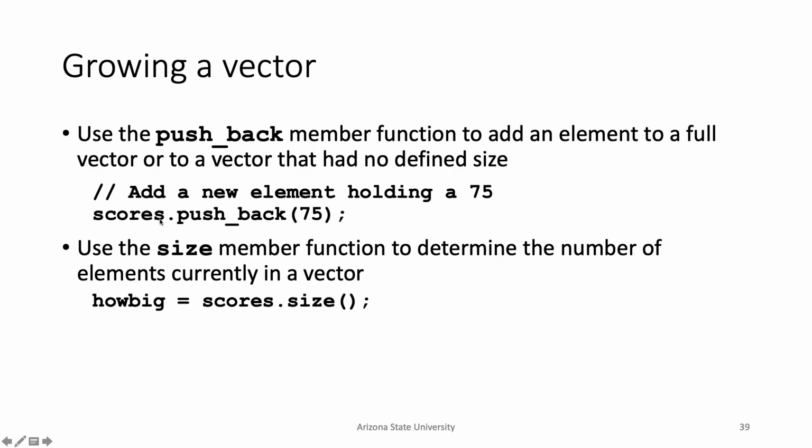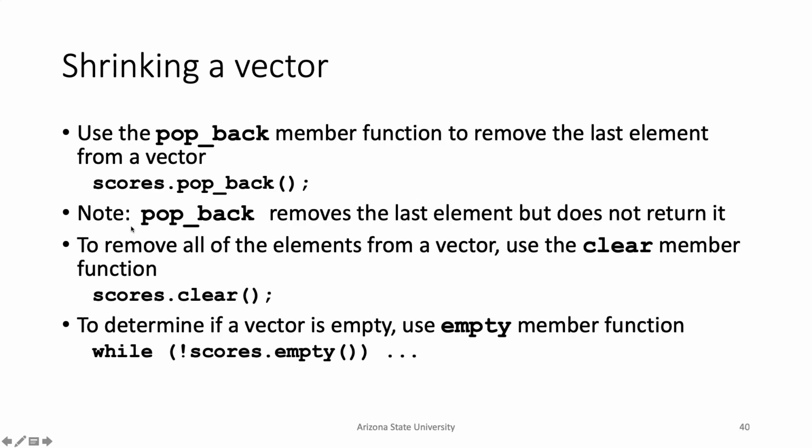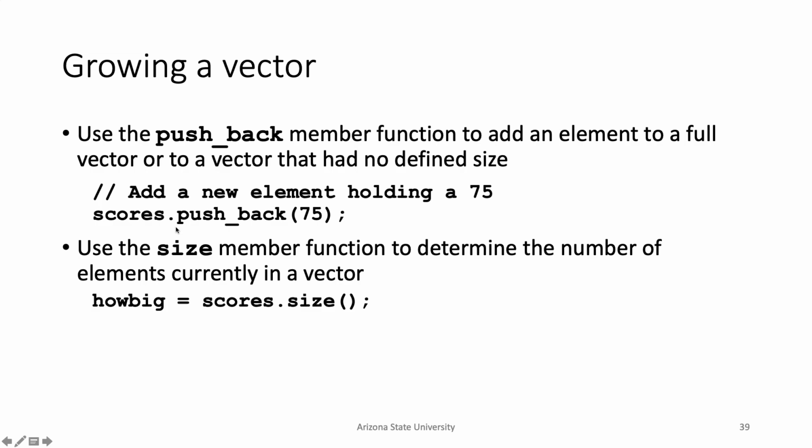So whatever the values that are in scores, if I call scores.pushback of something, whatever it was before, the next element is the thing that we want to put into it. So if there's nothing in the scores vector so far, and we call pushback of 75, how many elements, first off, are in the vector now? 1, because that's the only thing we pushed back so far. And then the array contents are obviously just 75 in this case.